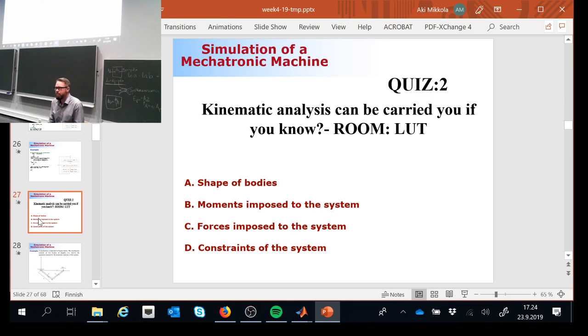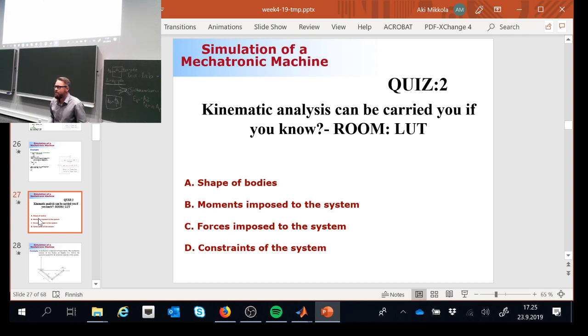It's not that I wanted you to feel confused. This is very straightforward. Think about what the role of kinematics is and how kinematics reacts against forces and moments. This is important to understand. How is kinematics related to forces and moments? And then, what is the information we really need?